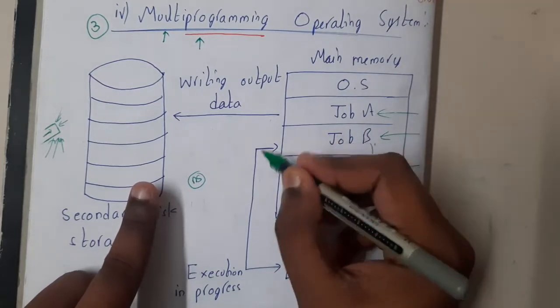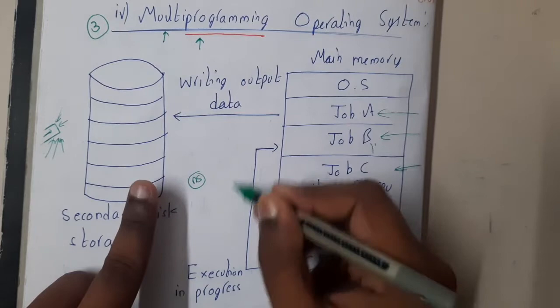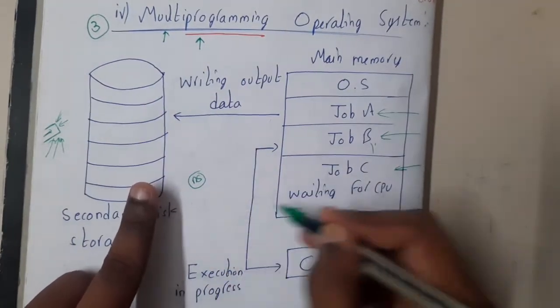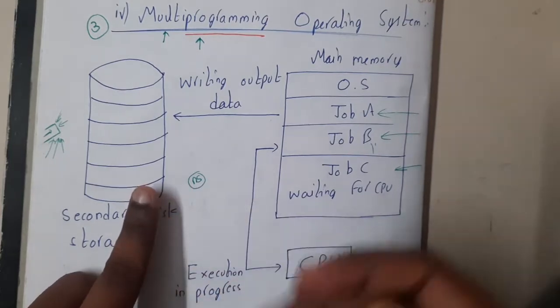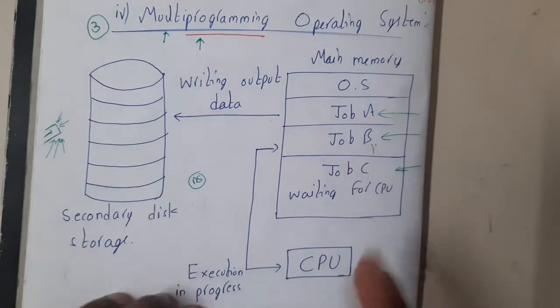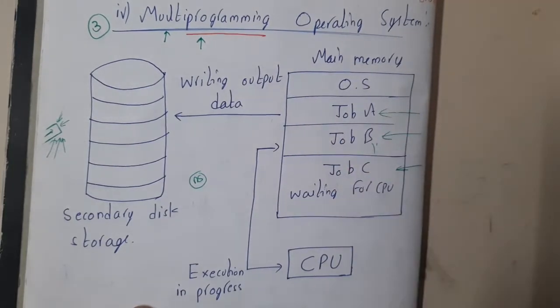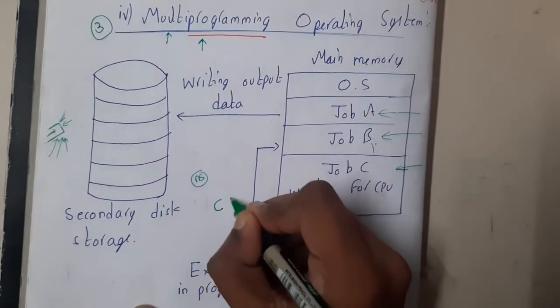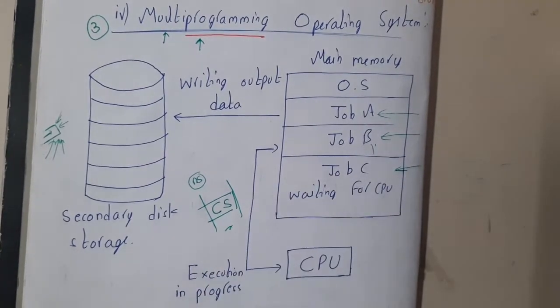So it will take B and start running it, and assume that now B wants to do something else. It will send B outside and take C. In that way, once someone is idle or wants something, the CPU will swap them, guys. This swapping is what is called context switching. I'll be giving you the theoretical definitions also, don't worry.